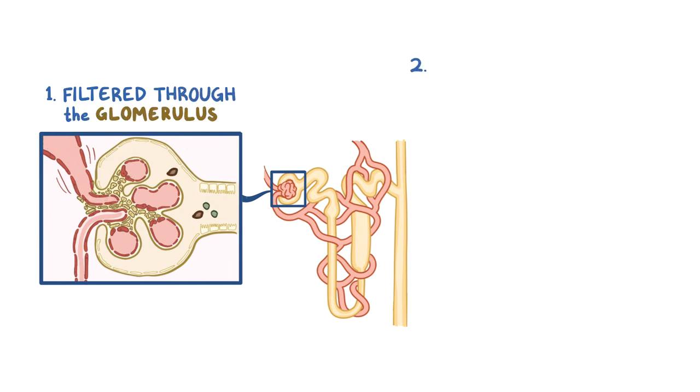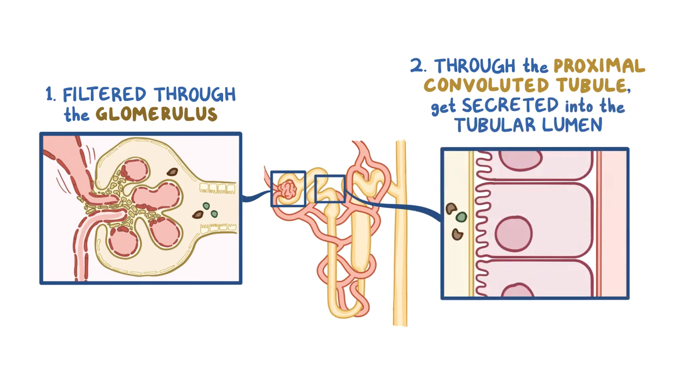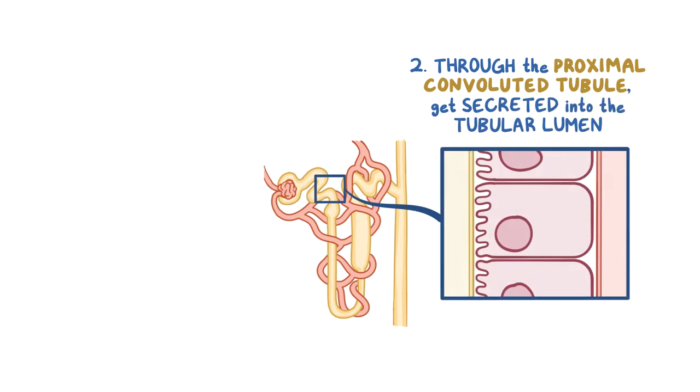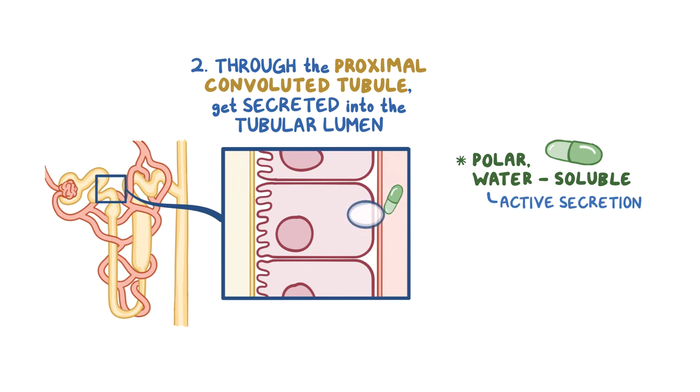Second, as the filtrate makes its way through the proximal convoluted tubule, certain medications from the peritubular capillaries get secreted into the tubular lumen. For polar water-soluble medications, this is mainly done actively through active secretion, meaning that it requires specific carrier proteins on the basolateral membrane of the tubular cells, which use ATP for energy.